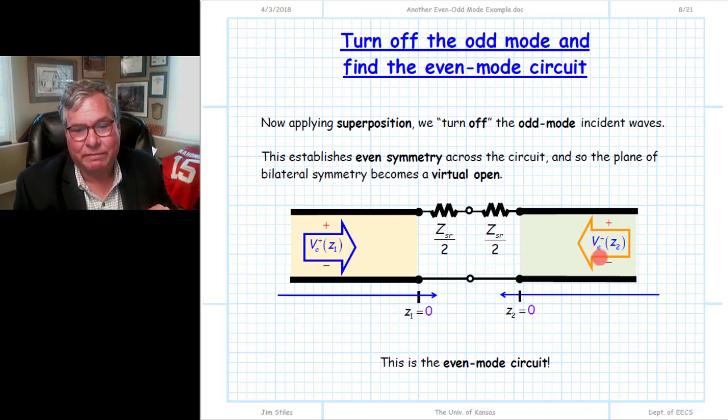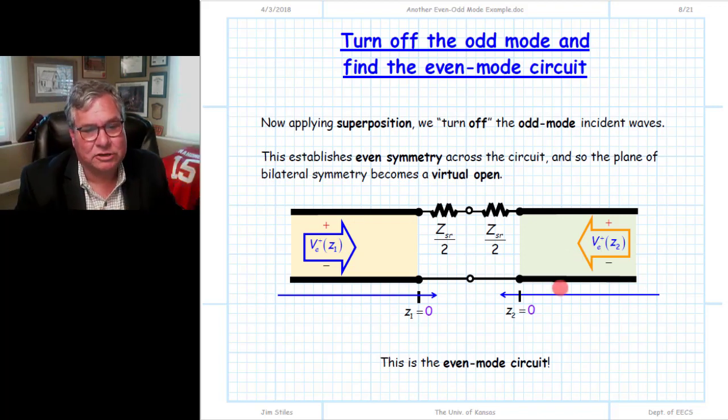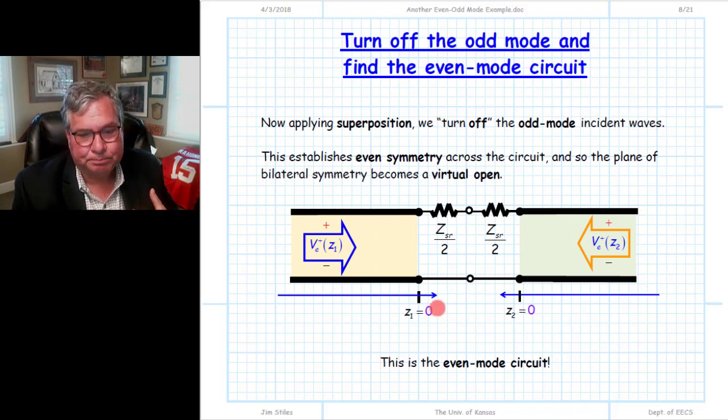In this case, we have two waves that are the same propagating toward our structure. This plus wave voltage and this plus wave voltage will have the same magnitude and same phase at precisely the same symmetric points around the plane of bilateral symmetry.